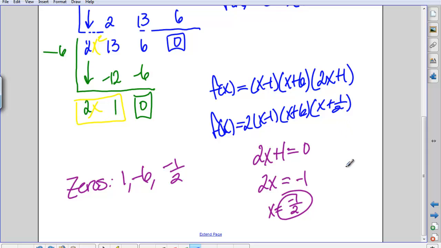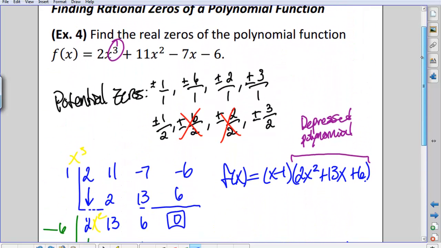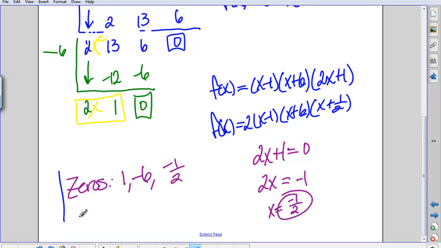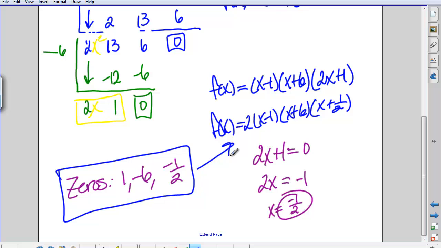Okay, so there I'm done. Really, for this problem, all I had to do was find the real zeros. That's this part right here. But the factoring that goes along with that is very helpful as well, and you'll see that in the homework. Okay, so that's finished.